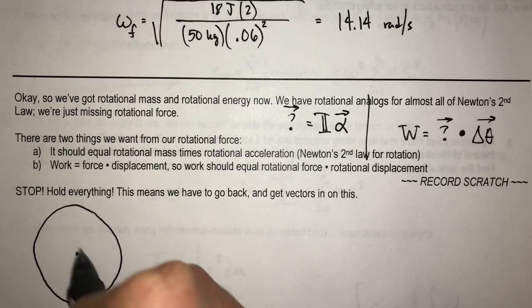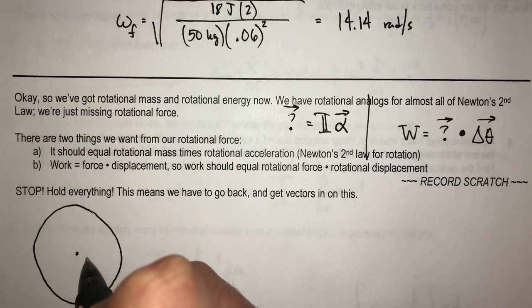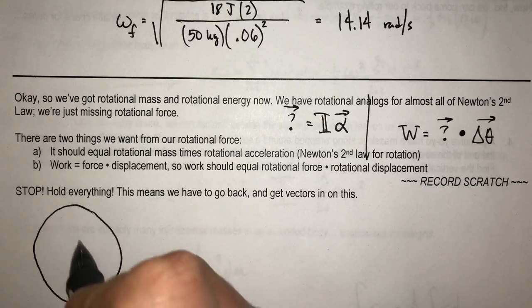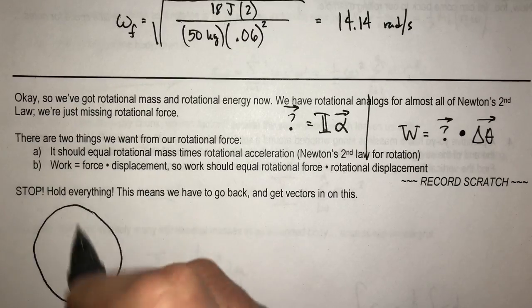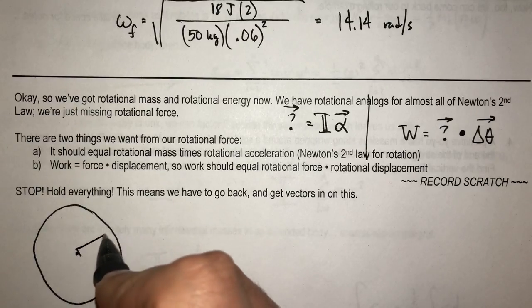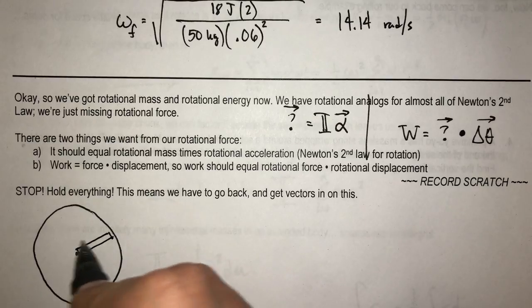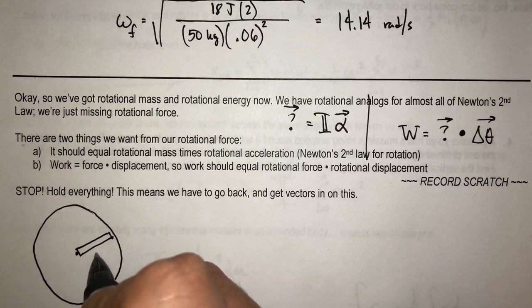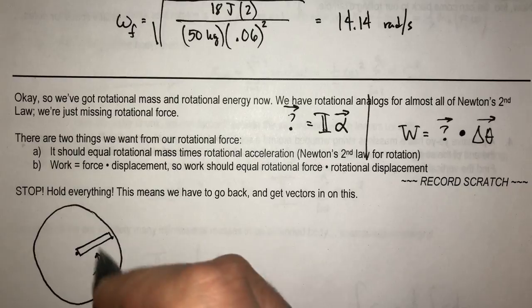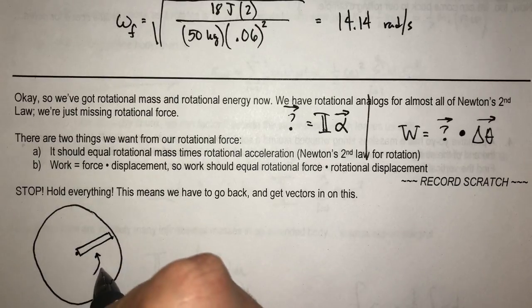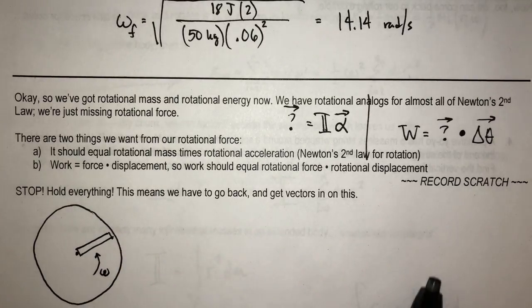And I'm going to draw it so that it's actually going counterclockwise, just to be confusing. So imagine that there was some rigid object that was rotating around a circular plane like this with some angular velocity omega.